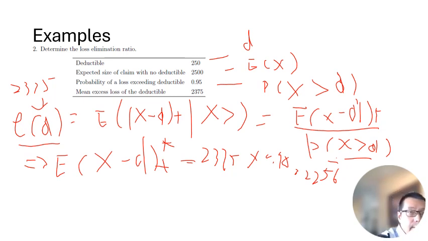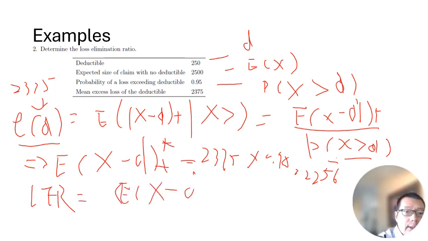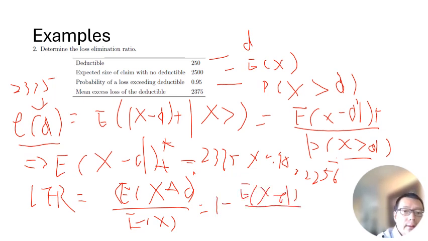The loss elimination ratio is the expected value of X capped at d over the expected value of X, and this can be further deduced as 1 minus E[(X - d)+] over E[X]. Then we can get the final result, 0.975.